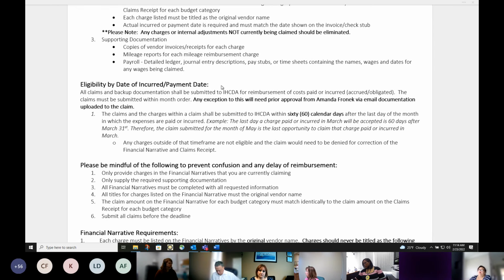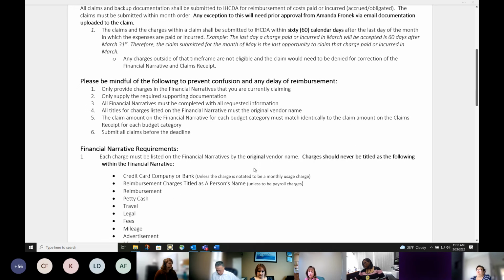Okay. There's a couple of things that we should probably be mindful of when we're putting our claims together. We don't want delays anytime there are errors in your claim. That delays your reimbursement, which nobody wants. But only provide charges in the financial narratives that you are currently claiming.